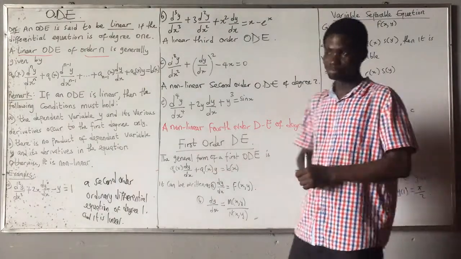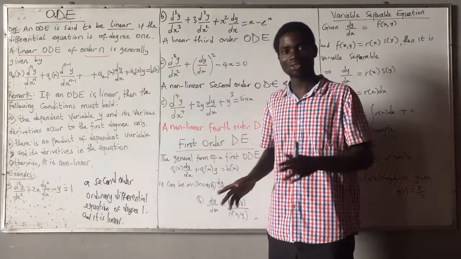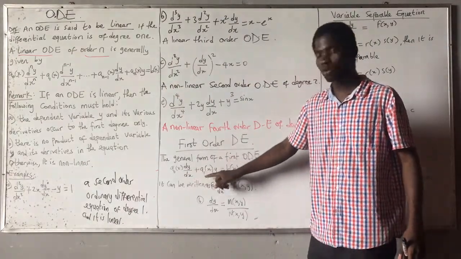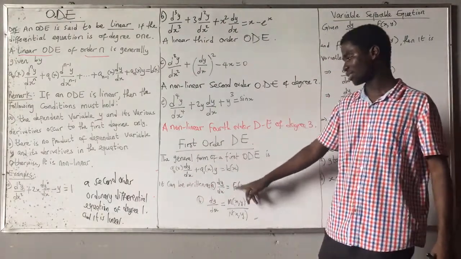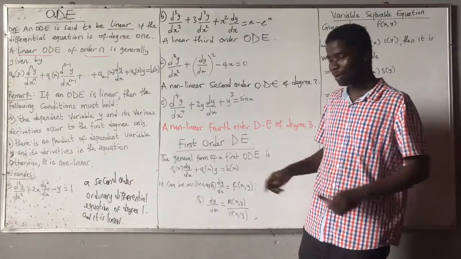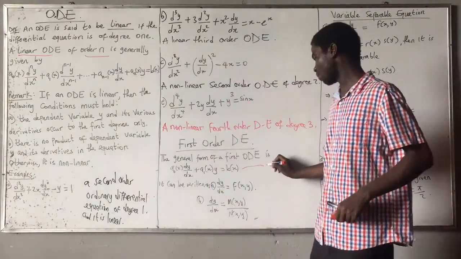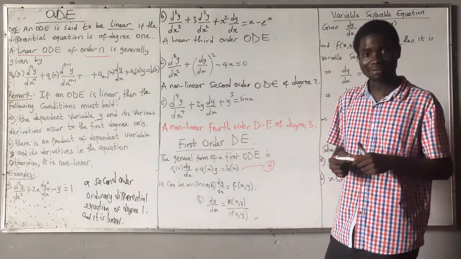Do you understand? Don't mind the noise of the rain. Just pay attention here and let's continue. Now, this is a naught of x dy dx plus a1 y equal b of x. It can be written as dy dx. This is the general way of writing a first order differential equation.